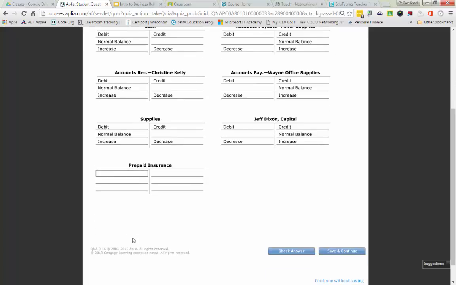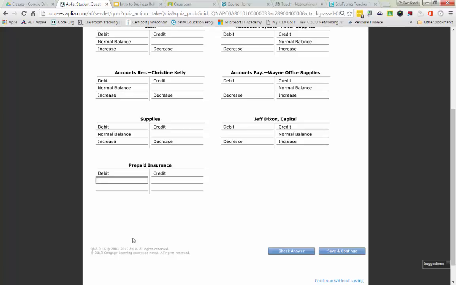Last one that we're going to do together, prepaid insurance. Left-hand side's called debit. Right-hand side's called credit. Clayton, what type of an account is prepaid insurance? Asset, liability, owner's equity. Do we owe prepaid insurance or do we own it?